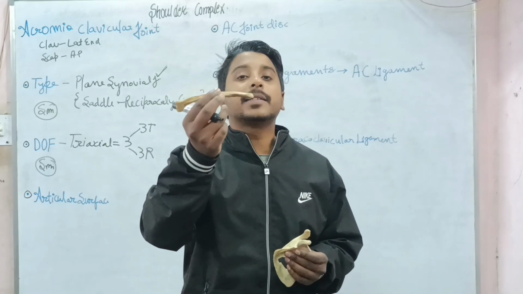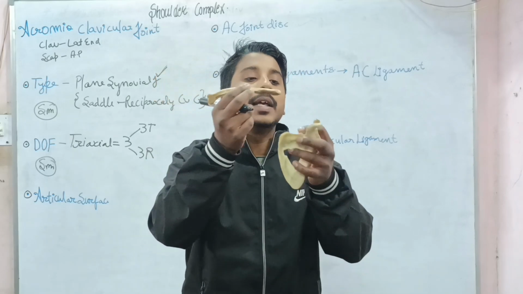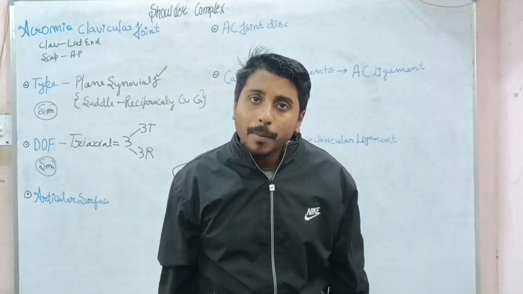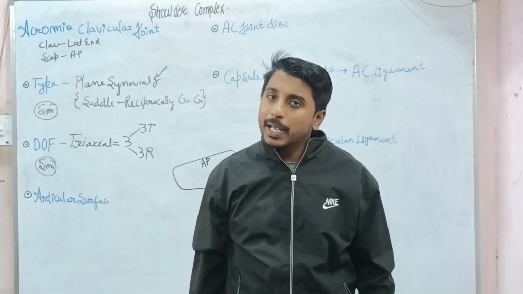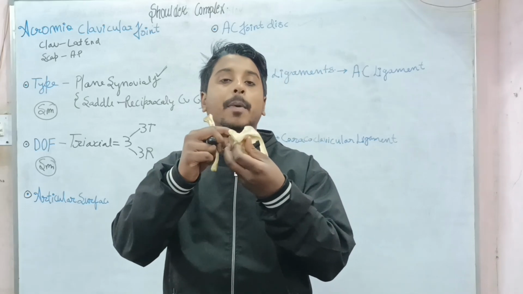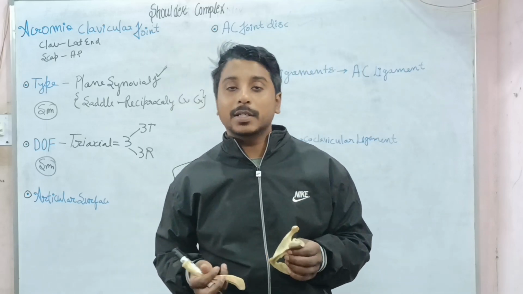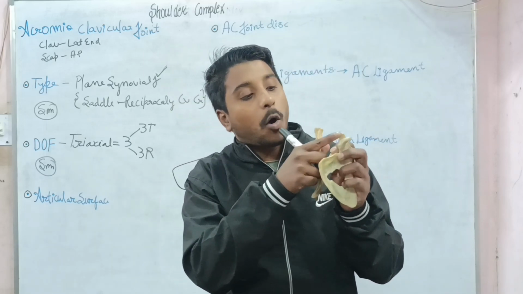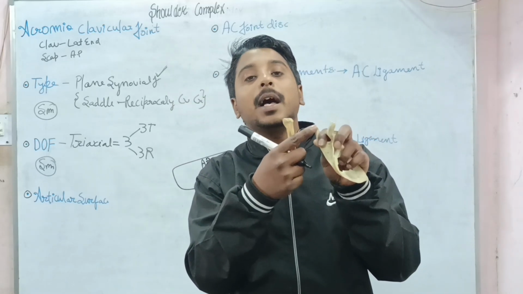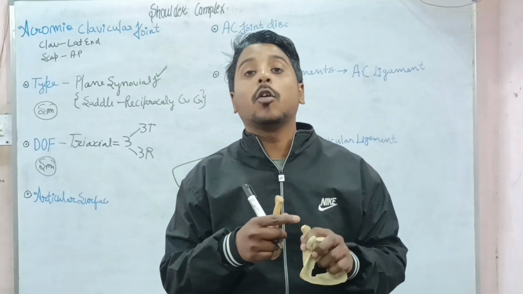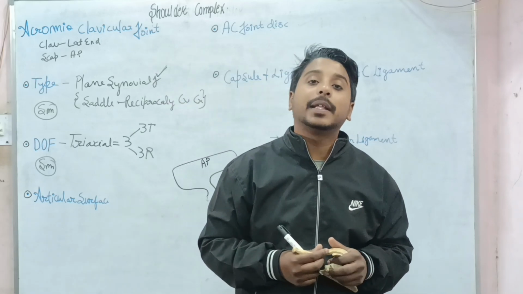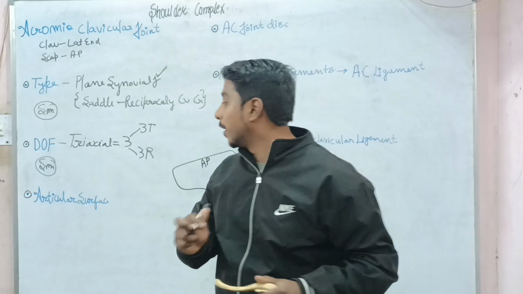Next is the articular surface. You will say, sir, the lateral end of the clavicle is articulating with the acromion process of the scapula. Yes, but not the whole acromion. You can see this is the acromion, a big part of the scapula bone, but only a small portion of it, the facet, is taking part in the joint formation.